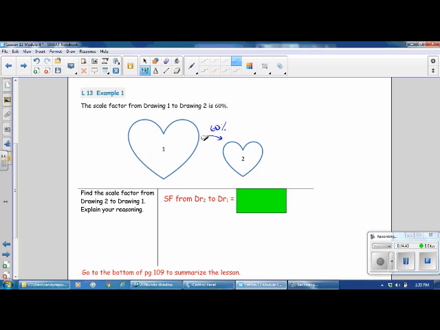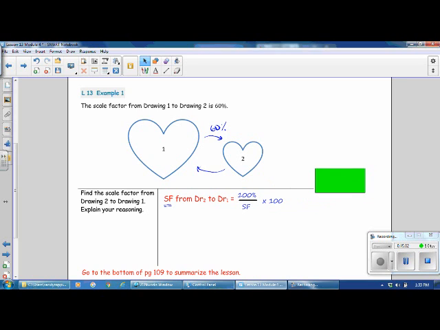And the question is asking, what is the scale factor to make drawing 1 from drawing 2? In order to calculate the scale factor from drawing 2 to drawing 1, this is the process. It's 100% divided by the scale factor, and then you multiply that by 100 so that you're converting it back to a percent.